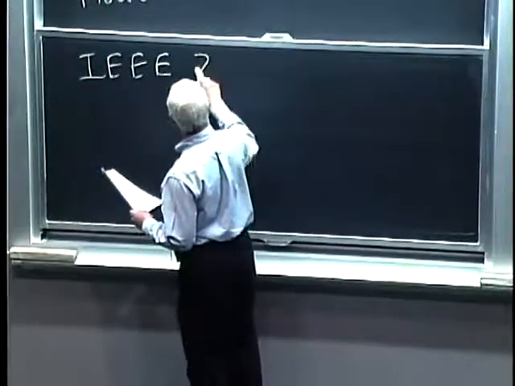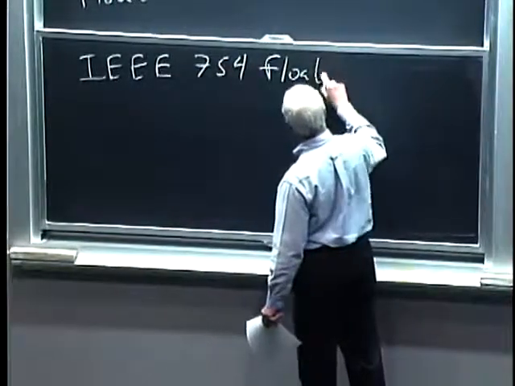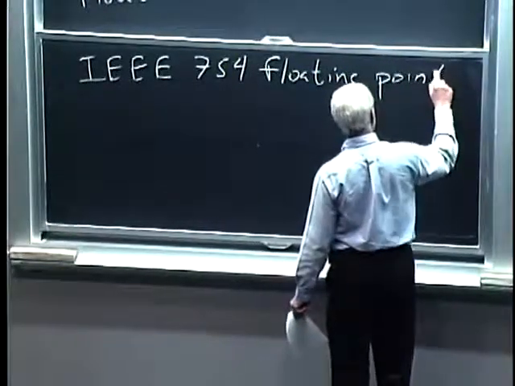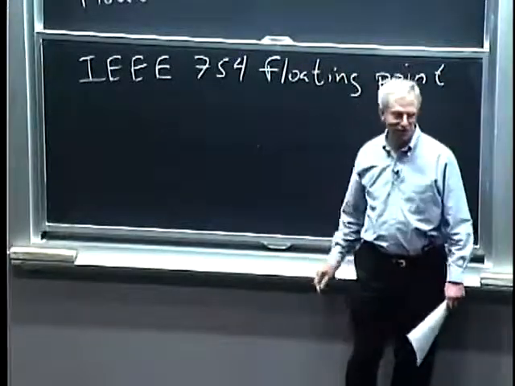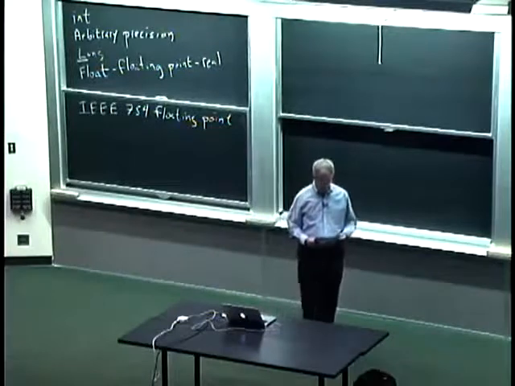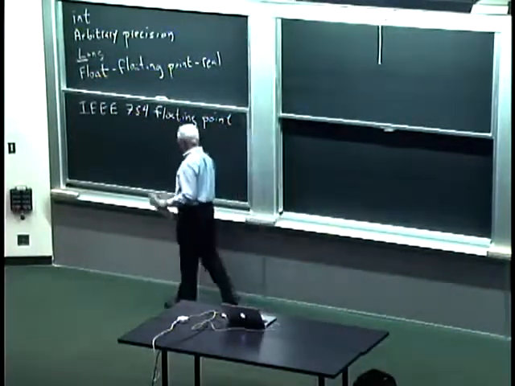And it's IEEE 754. Never again will you have to remember that it's 754. I promise not to ask you that question on a quiz. But that's what they do. This is a variant of scientific notation.